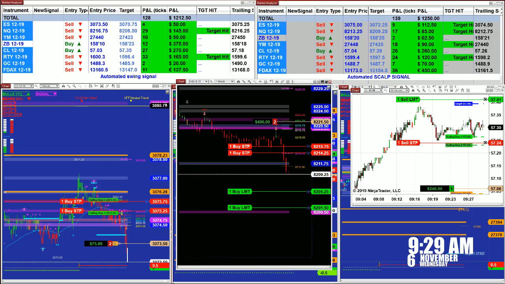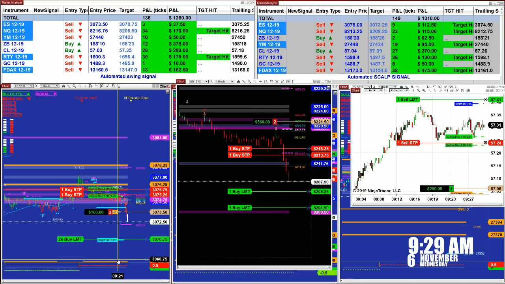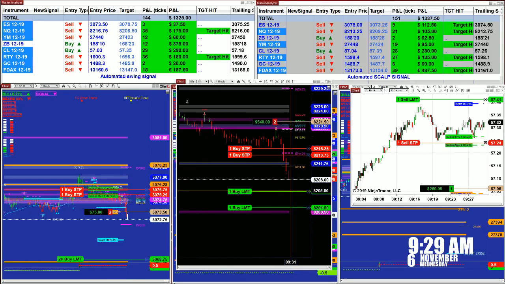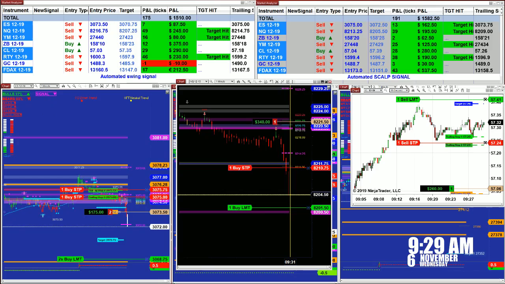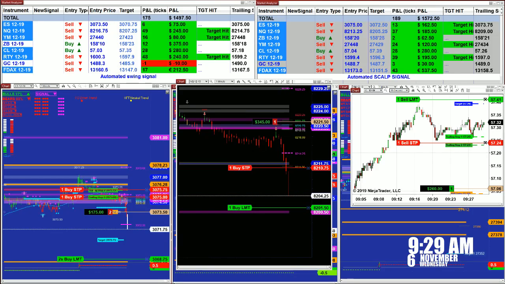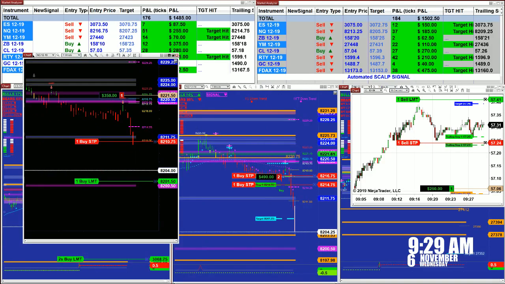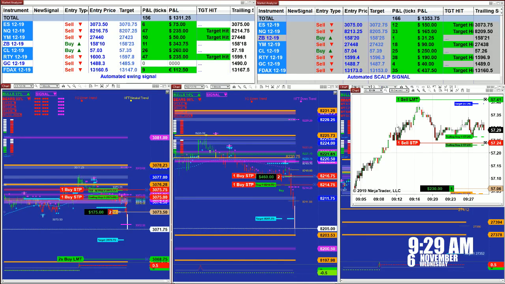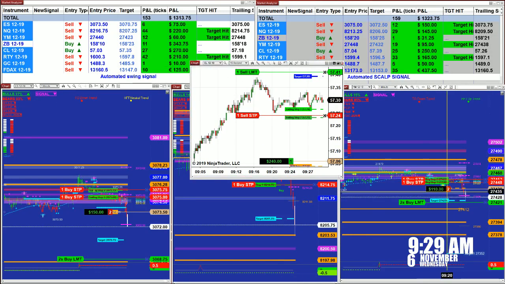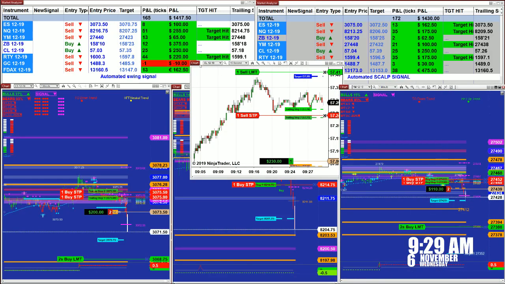Now if you see the market is trending, I can extend this target a bit and see if we can get the most out of it. And the YM is about to close. We're going to extend the target because it's an opening right now.